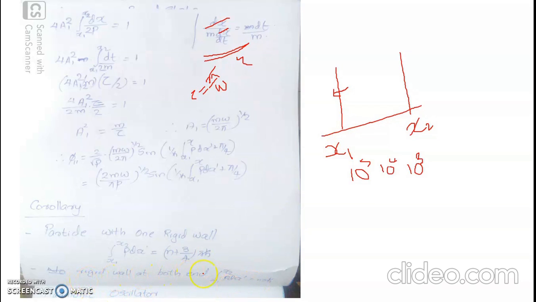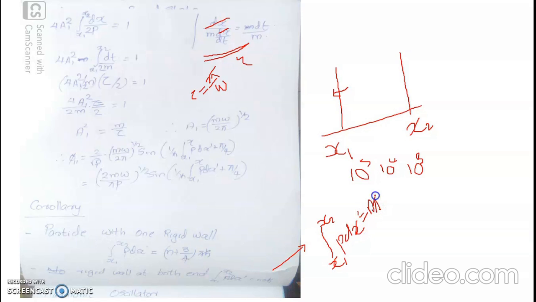If both the boundaries are rigid, then the equation that will help you to evaluate the energy is given by integral x1 to x2. See, here I am not taking a closed integral. Integral x1 to x2 p dx prime is equal to n pi h cross.